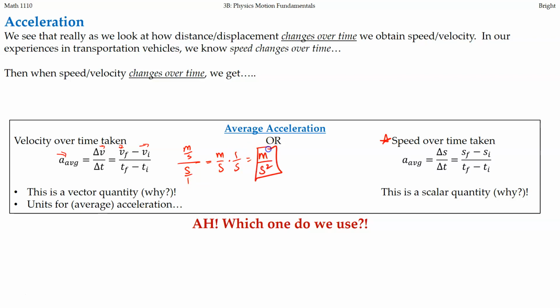Does that look familiar at all? Gravity ringing a bell? Yep. So meters per second squared are common, feet per second squared are also common units for acceleration. Otherwise, it's really any position unit over time units squared.